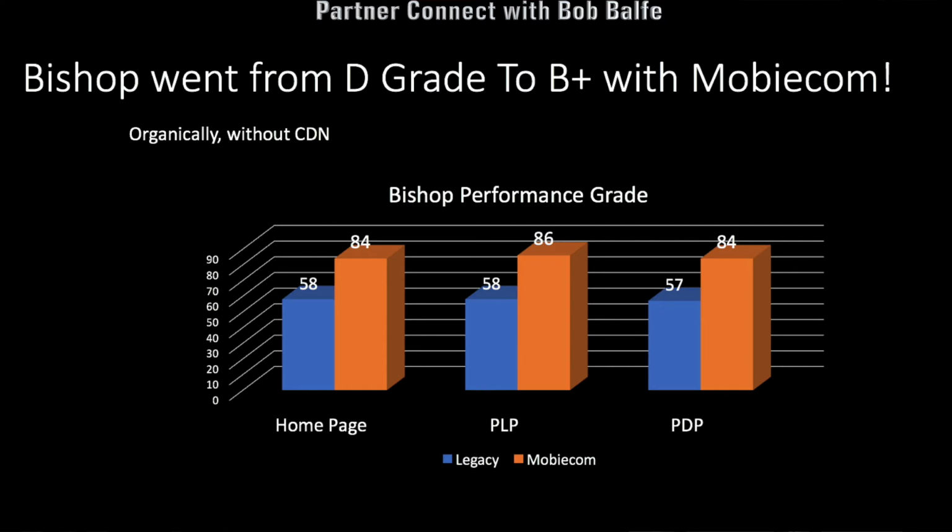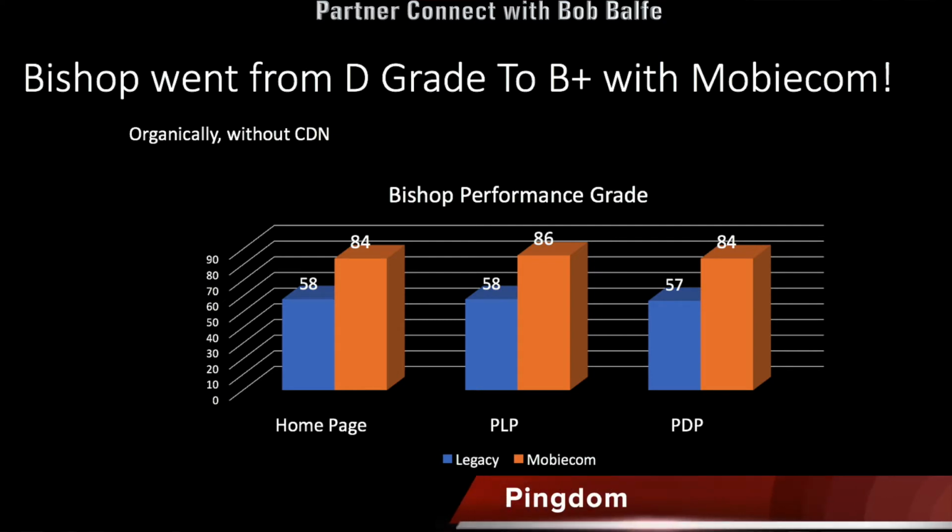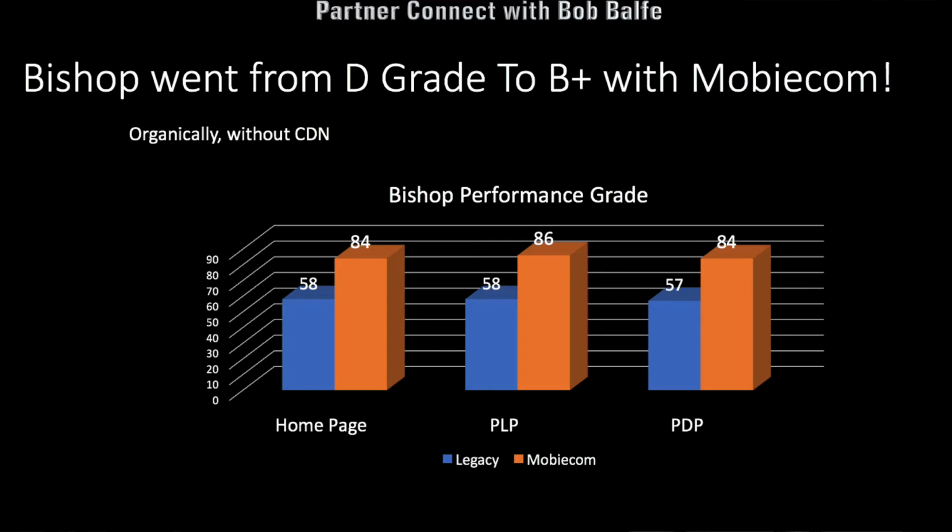When we moved Bishop Company to Mobiecom, using Pingdom tests, we actually saw a pretty big change in performance of the site. On average, it improved from about a 58% grade, which is a D across the board, to about an 85% average, which is a B or a B plus with Mobiecom.